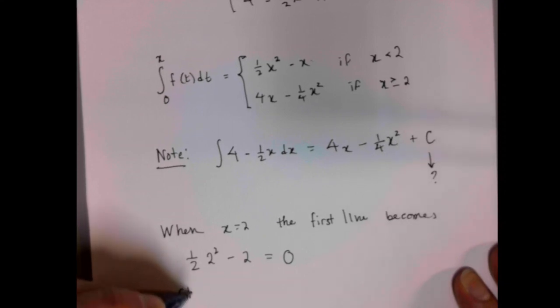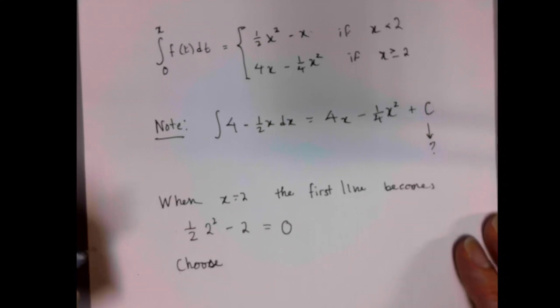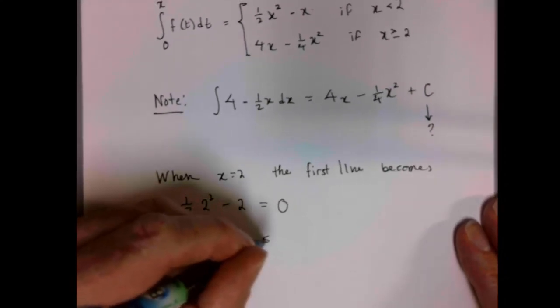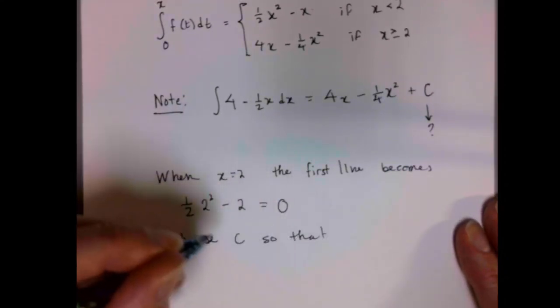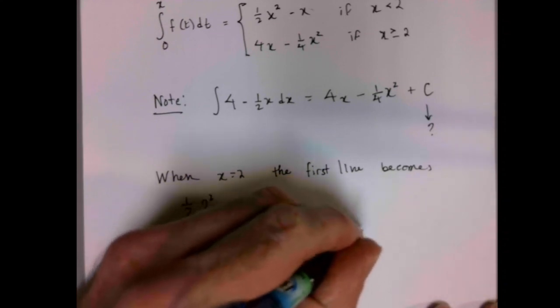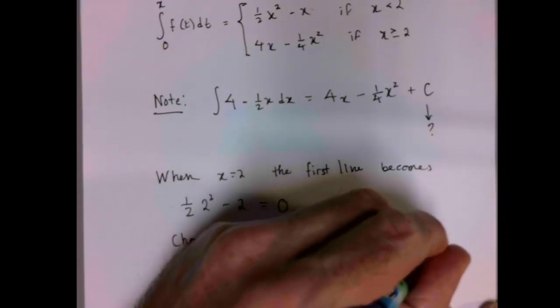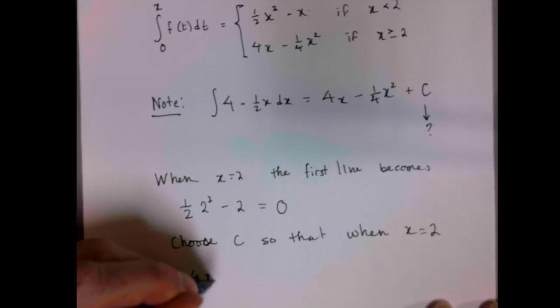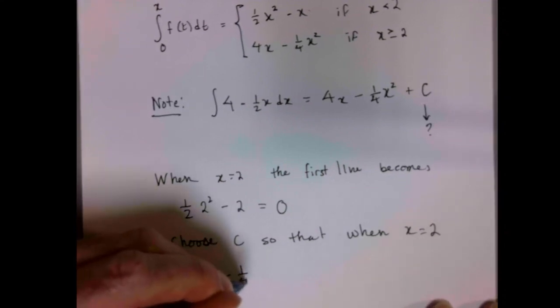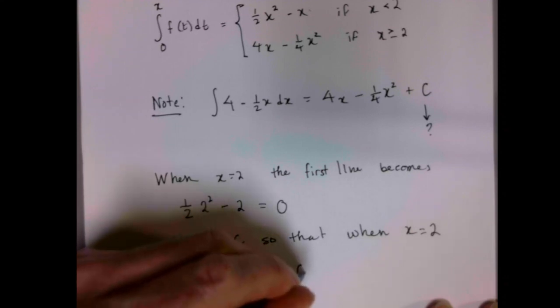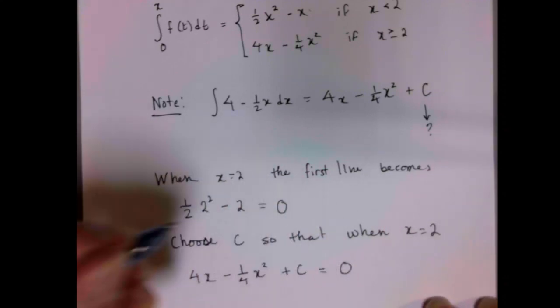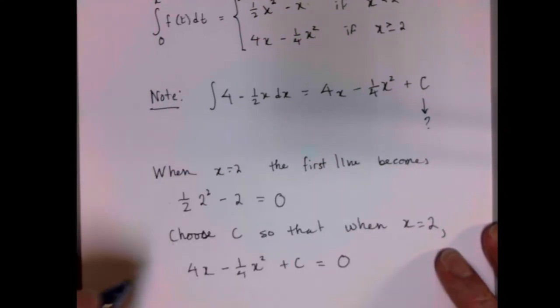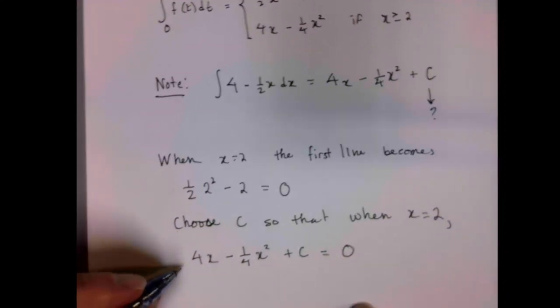Now, we want to choose c so that when x equals 2, the second line also gives me 0. In other words, I want this expression to be 0 when x equals 2.